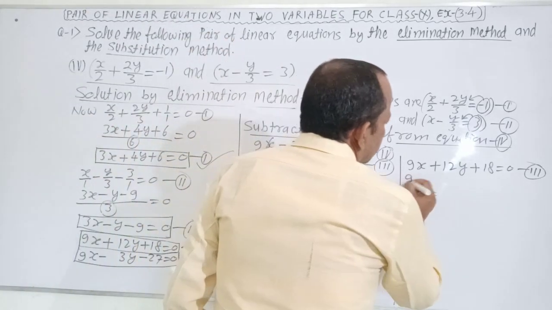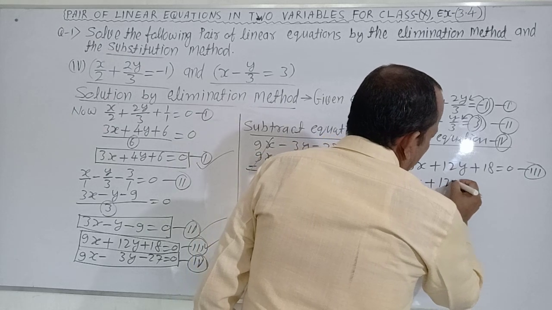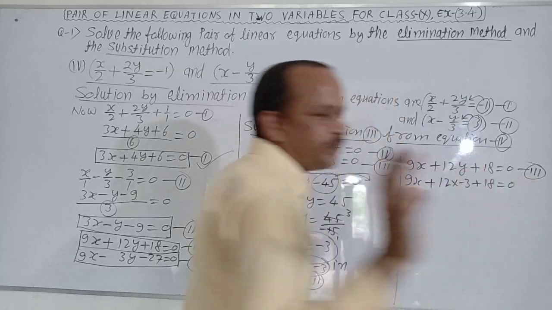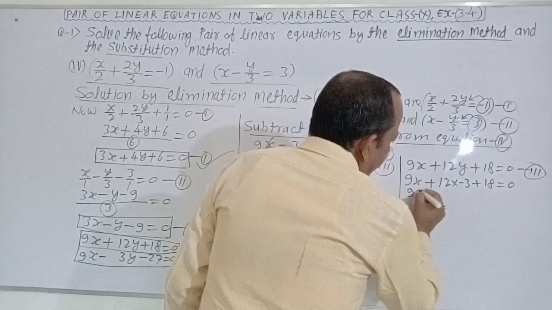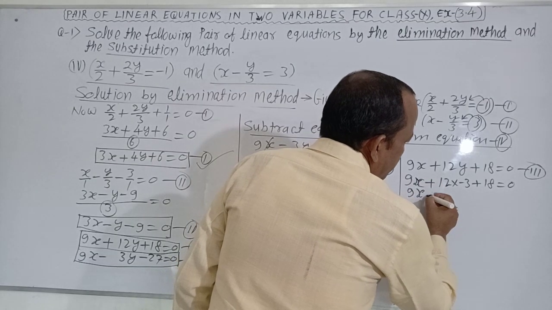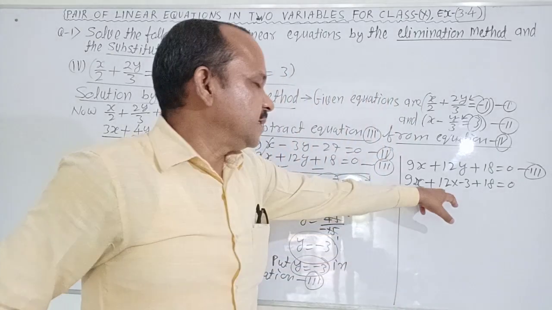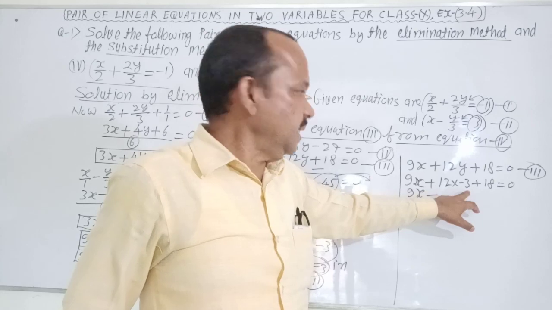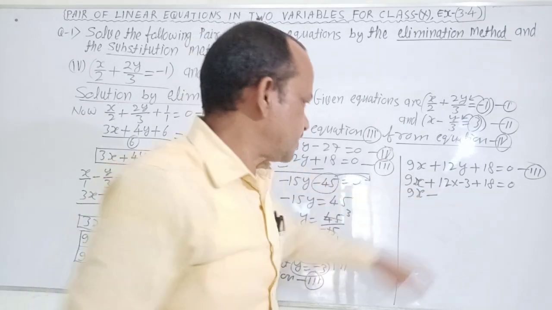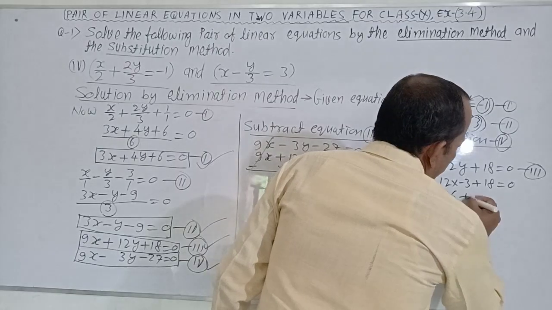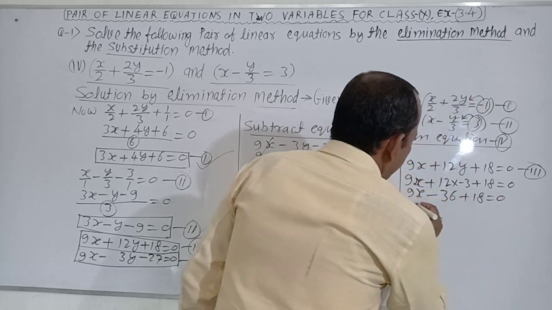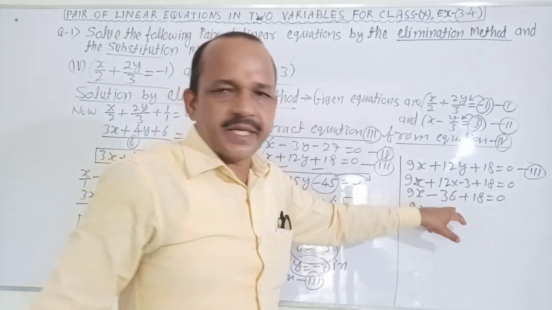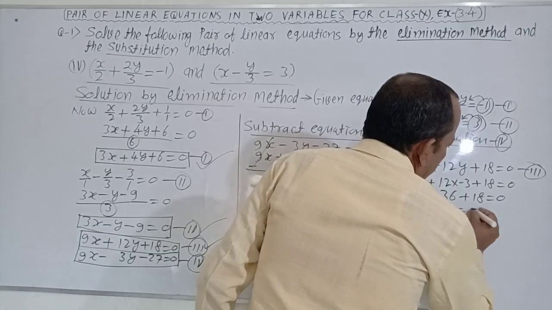Here 9x plus 12 multiply minus 3 plus 18 equal to 0. 9x plus 12 multiply minus 3, it becomes minus 12 3s are 36. Minus 36 plus 18 equal to 0. 9x minus, you subtract it, it becomes minus 18 equal to 0.